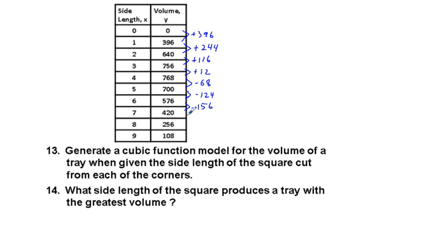Is that right? 256 minus 420. Yeah, it's going to be negative 164. Then 108 minus 256, and for that we get negative 148.